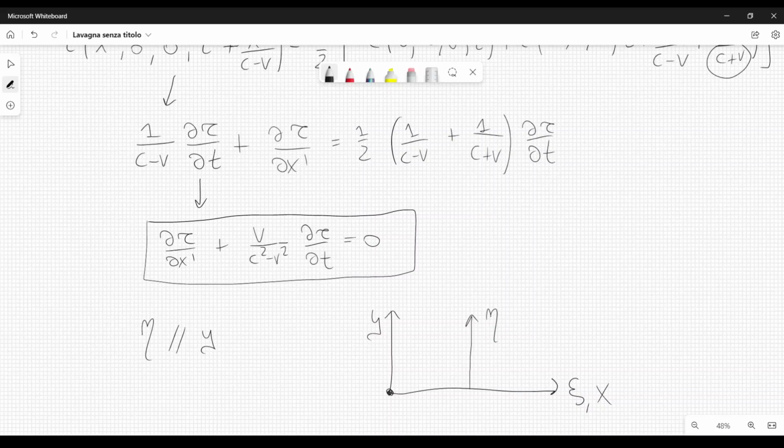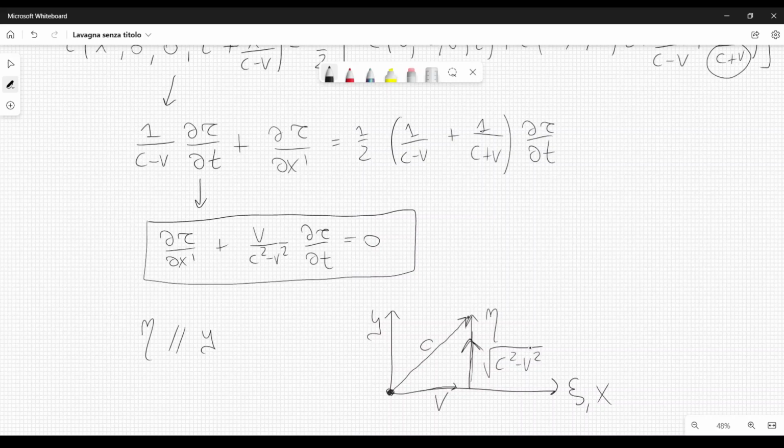And if we emit a light ray from the origin, this light ray has a velocity equal to the speed of light c, and along the x-axis we are moving with the velocity v. So the motion of this light ray along this eta axis will be the square root of c² minus v², just the Pythagorean theorem. It's the velocity when viewed from the stationary system.